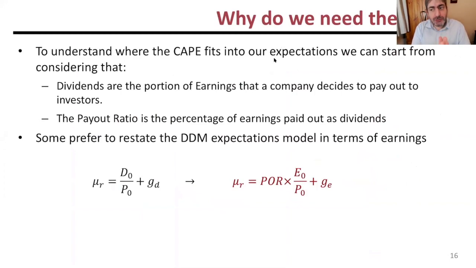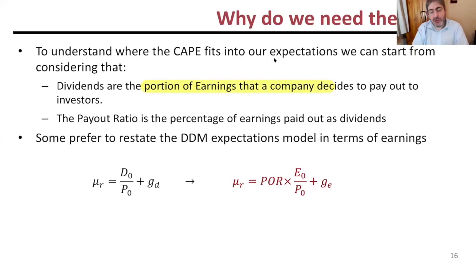It's very important to understand that the AQR methodology based on earnings, which seems very complicated, is exactly the same thing as the dividend discount model, just translated from dividends to earnings, okay? So, first of all, we need to remember what a dividend is. Dividends are the portion of earnings that a company pays out to investors.